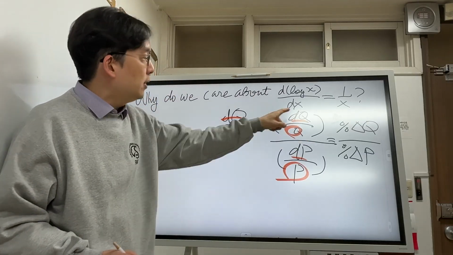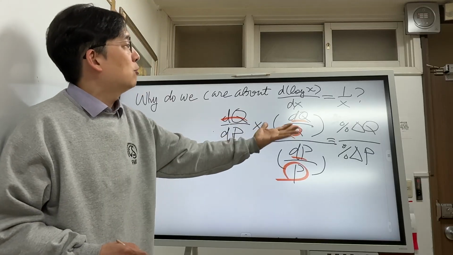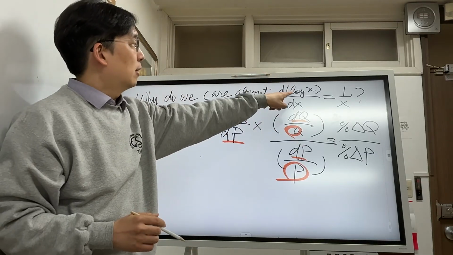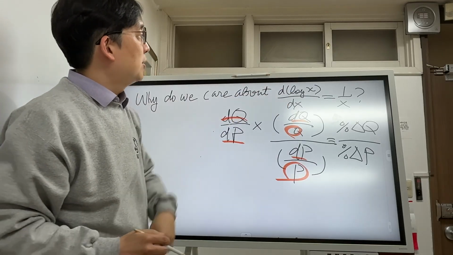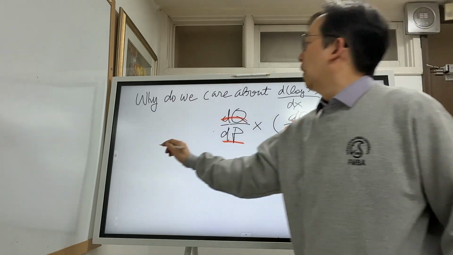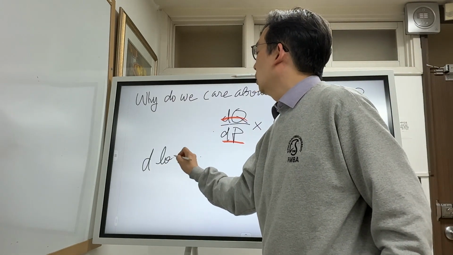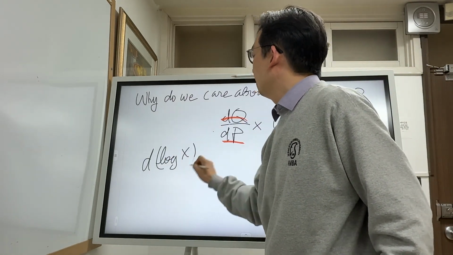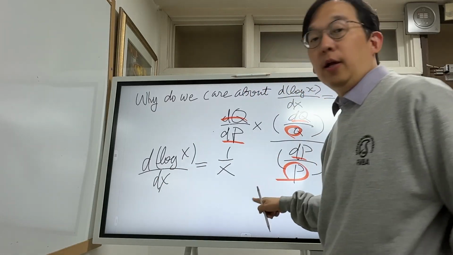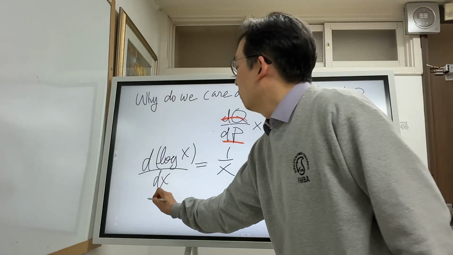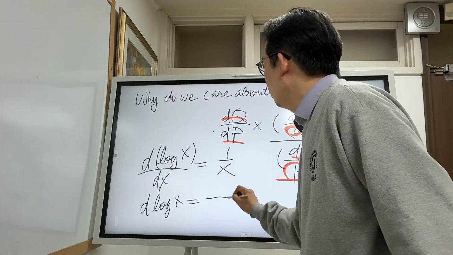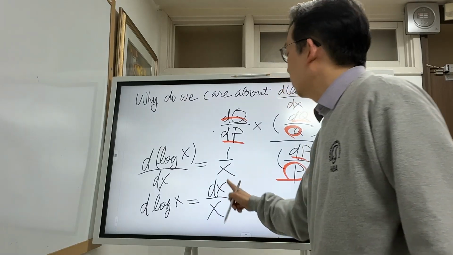So in this sense, what does it look like? Take a look at this guy. Then what do you see? Well, here, d log of x with respect to x was 1 over x. And then we realize d log of x is equal to dx over x.